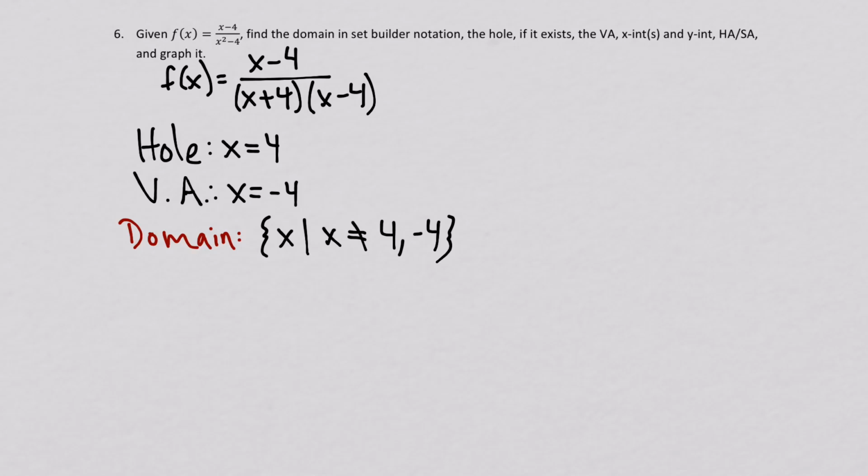We found the domain, found the hole, found the vertical asymptote. Let's find the x-intercepts. The x-intercepts are real simple. To find the holes or the vertical asymptotes, you look at the denominator and set each factor equal to 0. To find the x-intercepts, take the numerator and set it equal to 0.